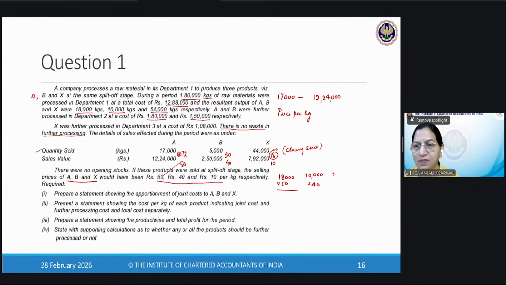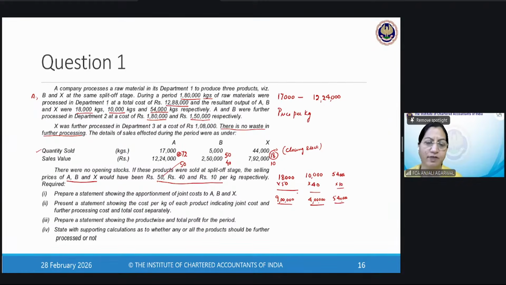So 54,000 into 10. This could have been the market price. So 18,000, 9 lakhs, 4 lakhs, and 5,40,000. So this could have been another measure.